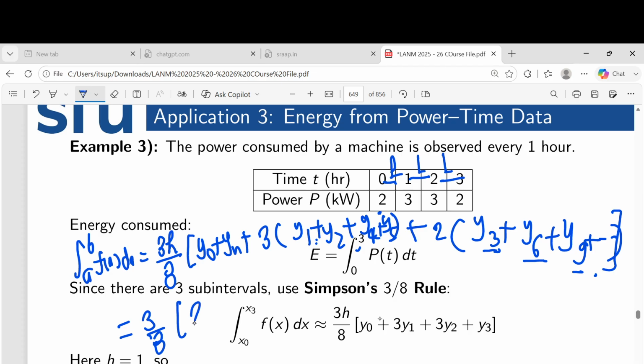y0 is 2 plus yn. This is y0, y1, y2, y3. Y1 plus y2 means 3 plus 3.